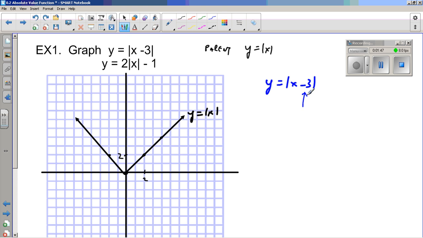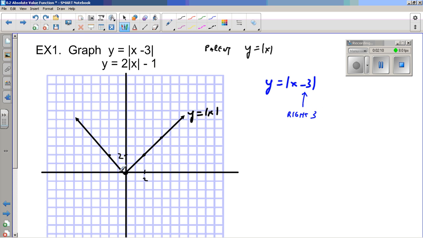Well, all of these transformations we will review soon, probably by the end of the week. But hopefully you remember that in the direction of x, it's opposite of what you'd think. So you think -3 should be a move left, but it's not. It's a move to the right 3.